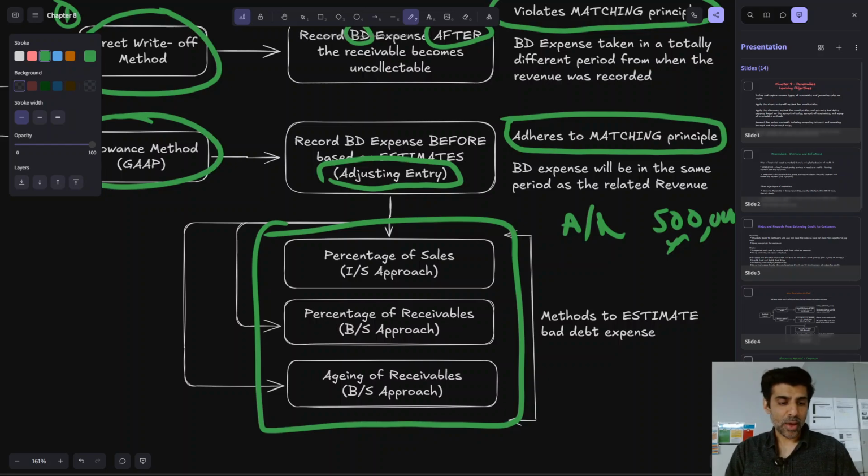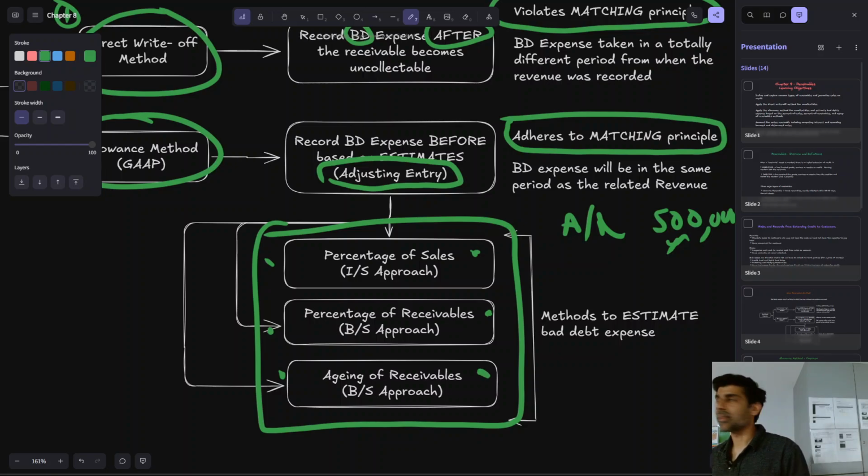So again, there are these methods: the percentage of sales method, the percentage of receivables, and the aging of receivables. It could be argued that these are in increasing levels of sophistication. The percentage of sales method is, as we're going to see, I think the least sophisticated. Percentage of receivables is a little more reasonable.